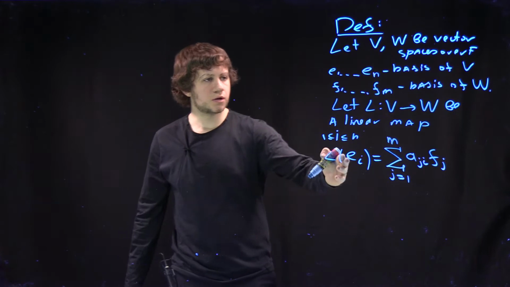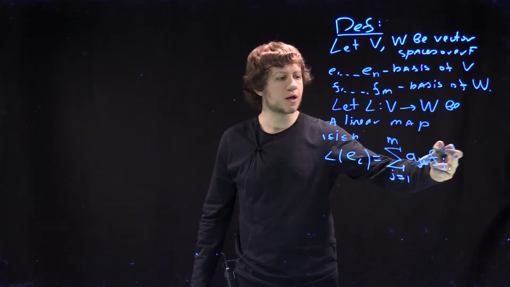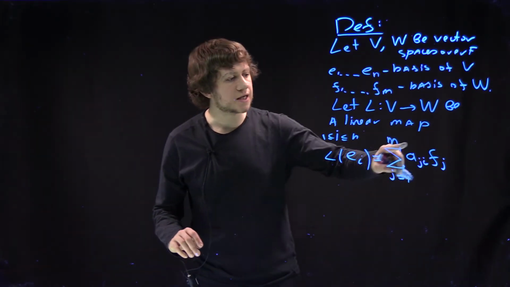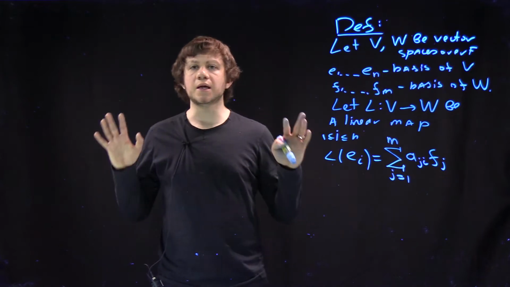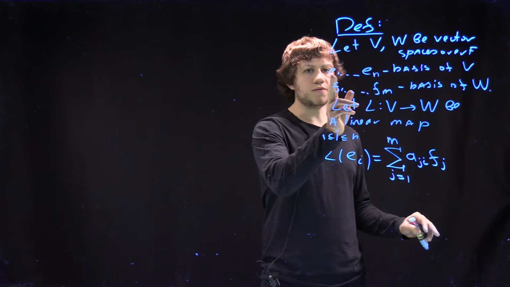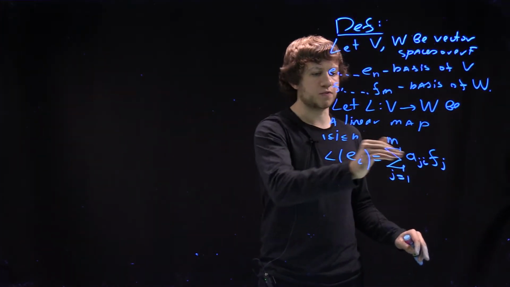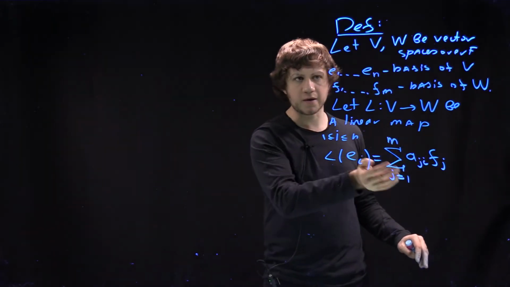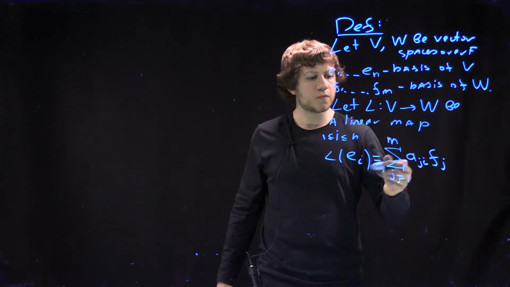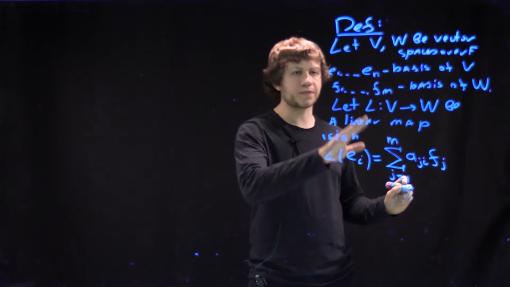So every vector of the basis goes to a linear combination of these vectors f1 up to fm. And so basically these coefficients determine the linear map completely, because we know that if e1 up to en is a basis, then for every collection of m vectors in W, where you send them, you can find exactly one linear map with this property. So basically these coefficients a_ij determine completely the map.